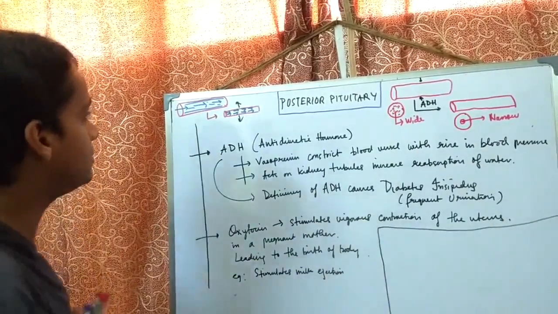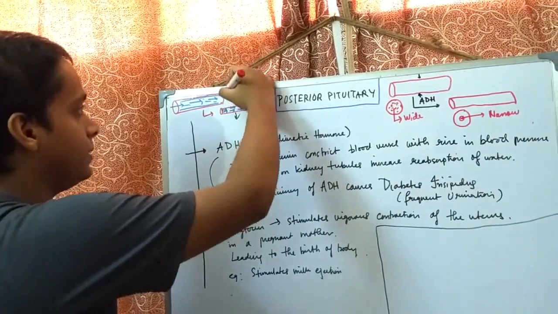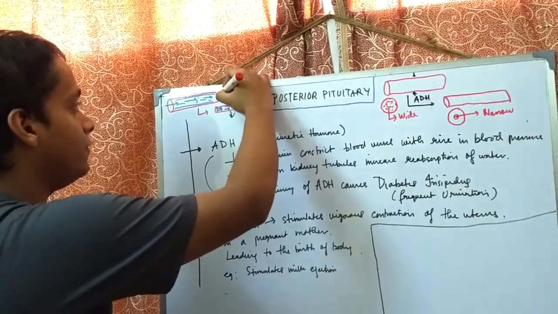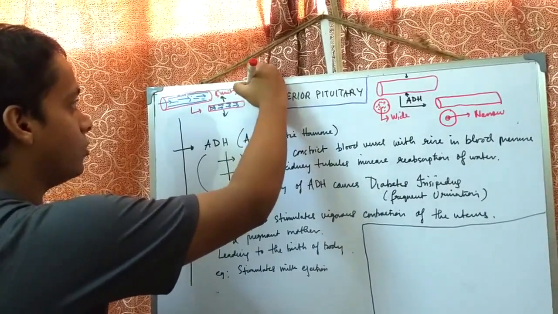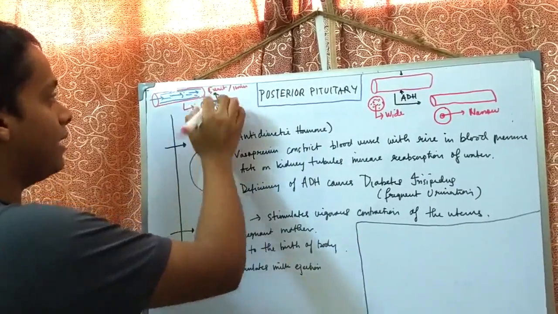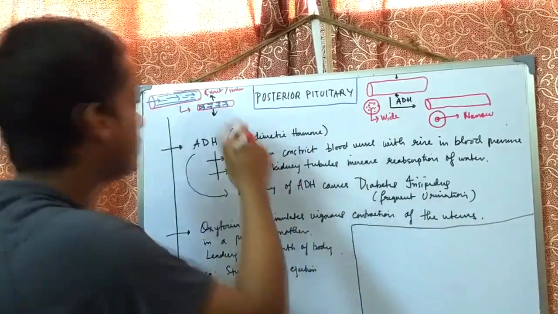If I assume that 5 units of blood are moving per minute in a normal vessel, after ADH is applied there is very little place to go forward.